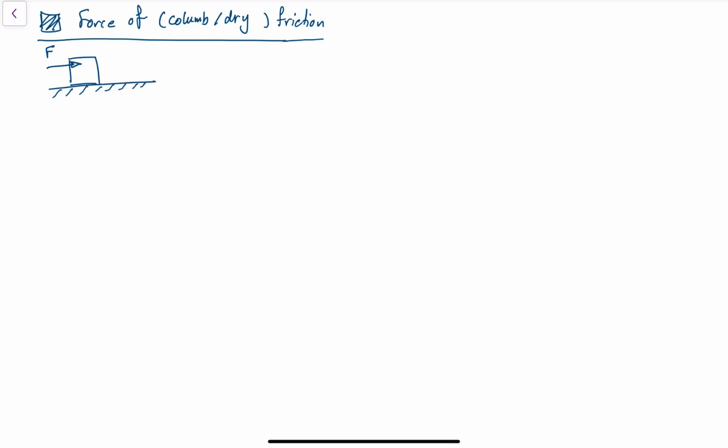If the force is very little, you're applying forces, so force is non-zero, but you end up with zero acceleration. What is resisting that motion is dry friction. And as you start to increase the force, at some point, the object starts to move, and again, you feel this resistance of friction.